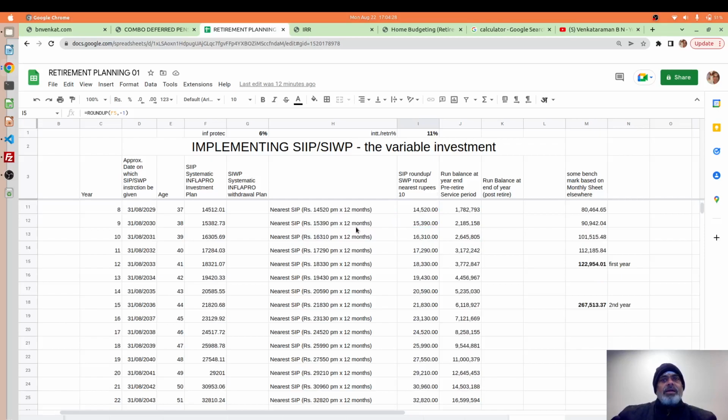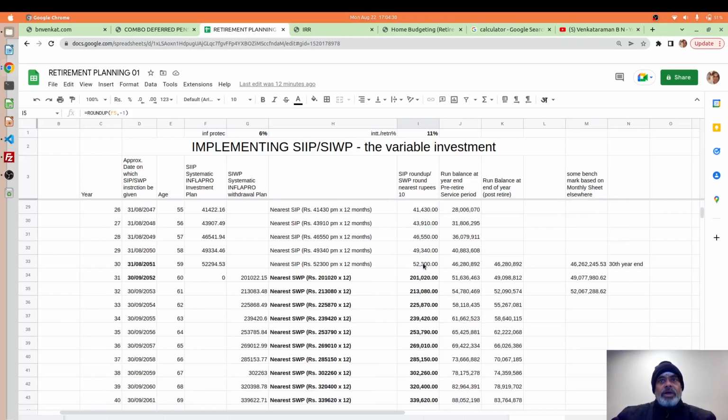The investment figures are all just rounded up up to this investment period, whereas for the withdrawal plan, we will simply use ROUND, rounding to the nearest 10 rupees.